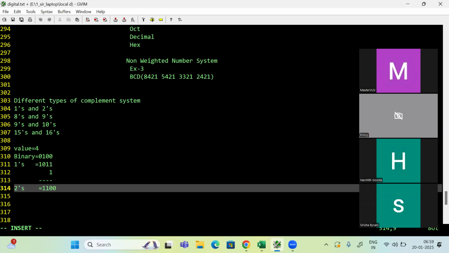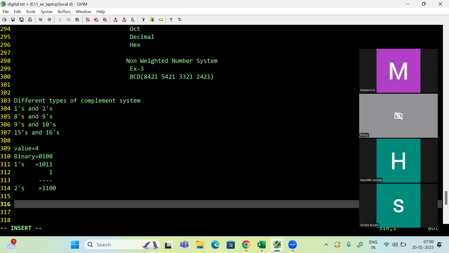If I give you any number, what will you do? Sir, first we will reverse the number, then we will add one to that one's complement. Or, until it encounters the first one, we write as it is, then reverse the number.